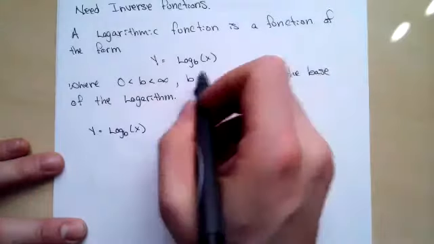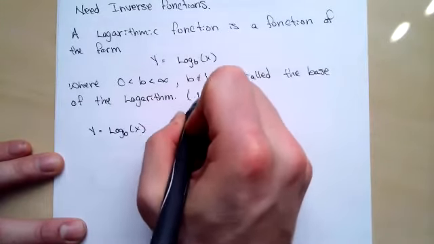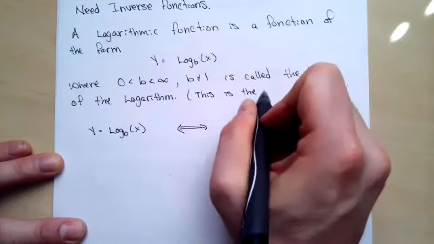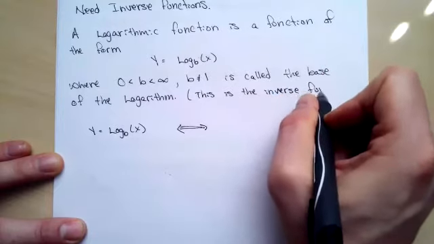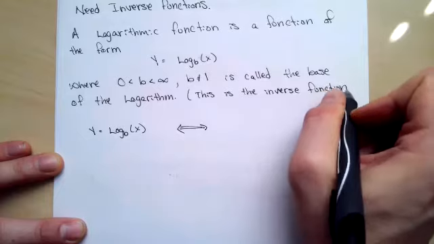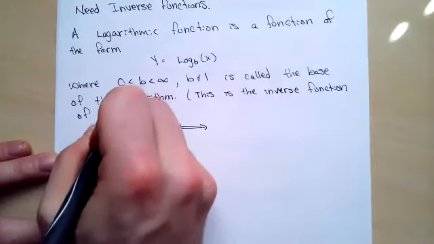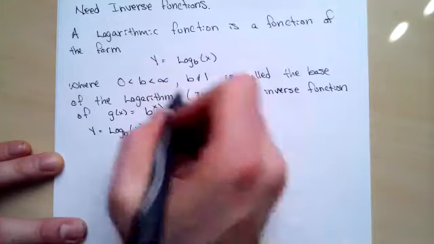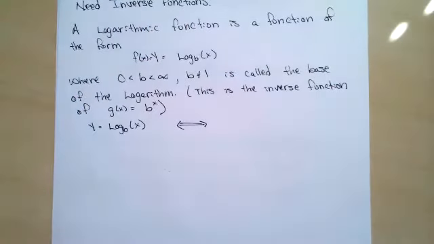So I guess let's write one more sentence. So log base b, we'll say this is the inverse function of, let's call it g of x, of just b to the x. And I guess if we call this one, instead of y, let's just call it f of x.